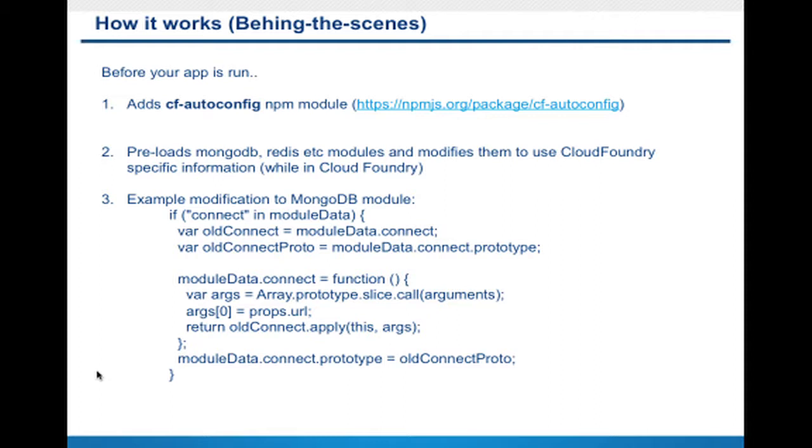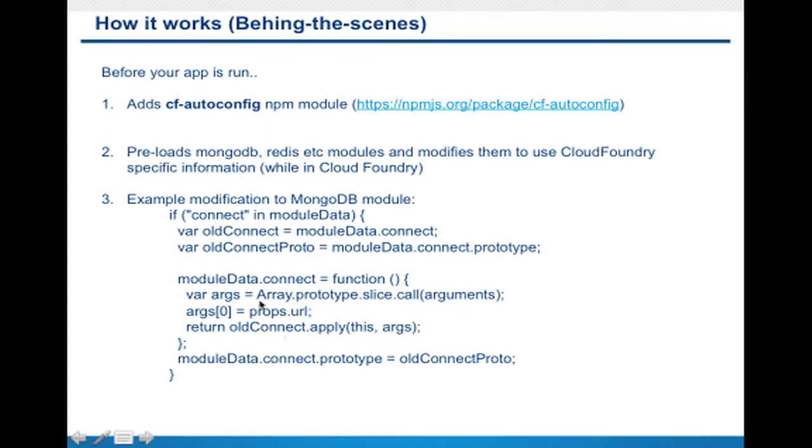Let's take a quick look at how it works behind the scenes. When you upload your app, just before the app is run, Cloud Foundry automatically adds a module called cf-autoconfig. It also searches for common modules like MongoDB, Redis, and all the things that I mentioned earlier. Once it finds them, it manipulates the connection code to essentially use Cloud Foundry-specific information.